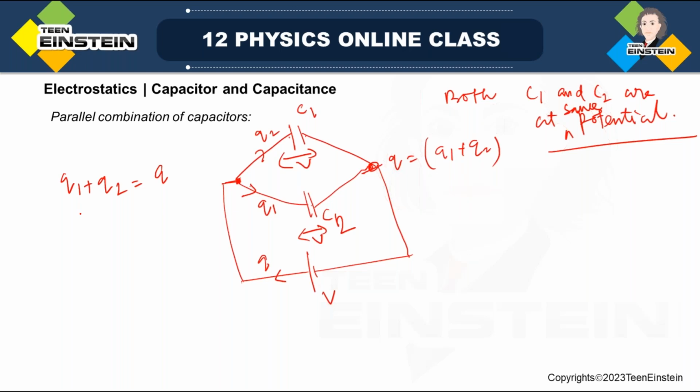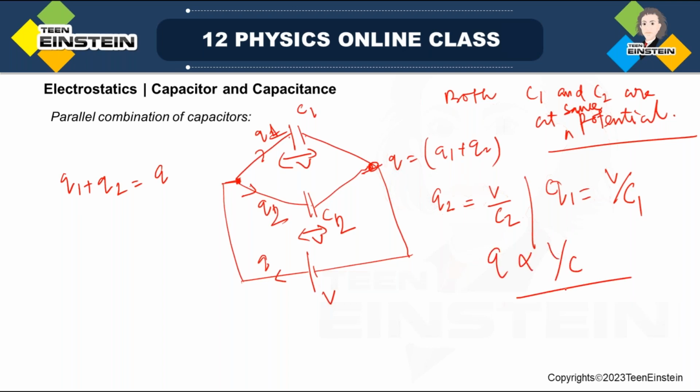So we know Q is equal to C times V. Now the charge stored in capacitor C2 is Q2, which is C2 times V. Similarly, the charge Q1 will be C1 times V. So you can see the charge is proportional to the capacitance of the capacitor.